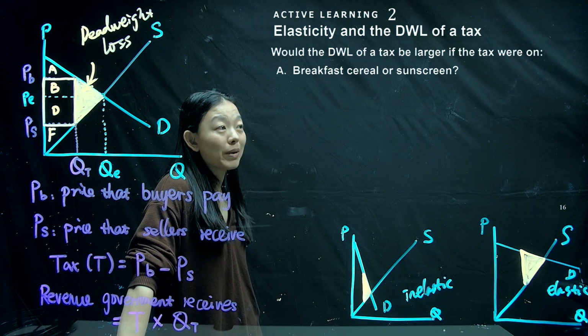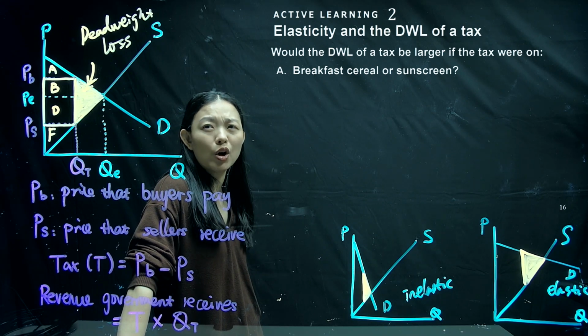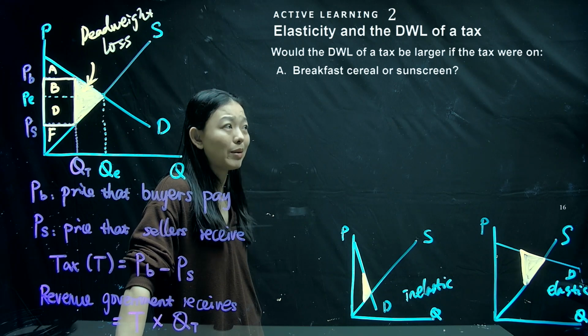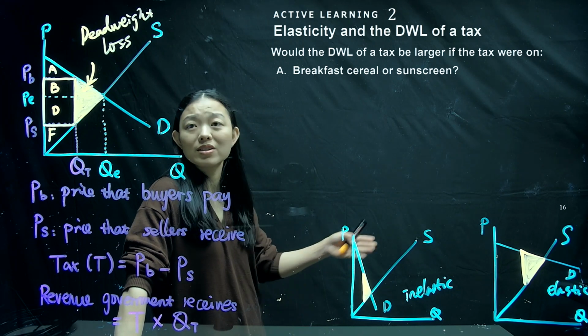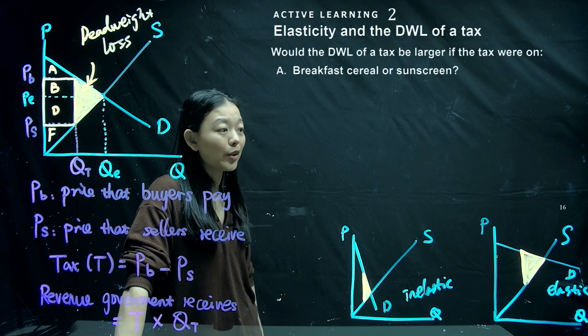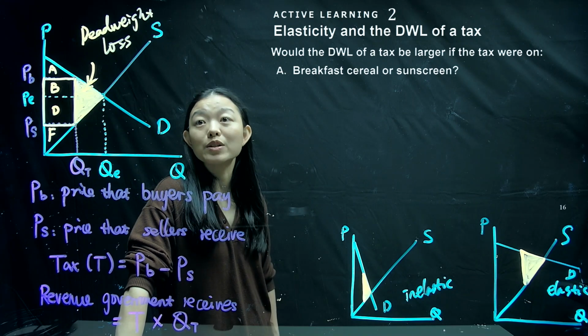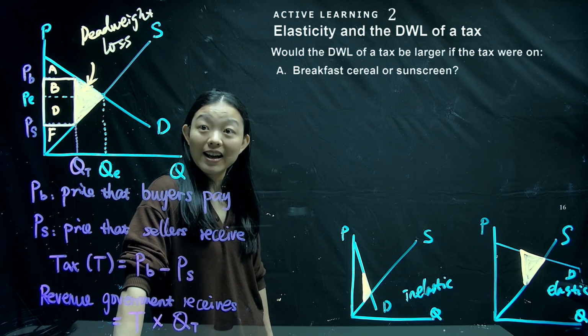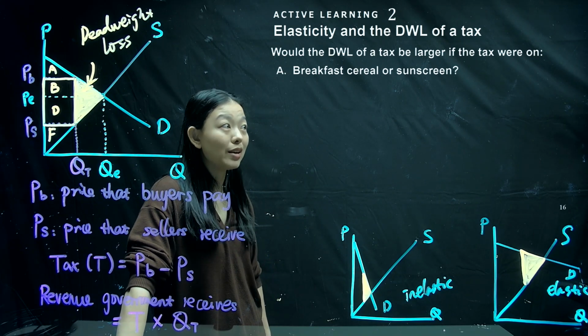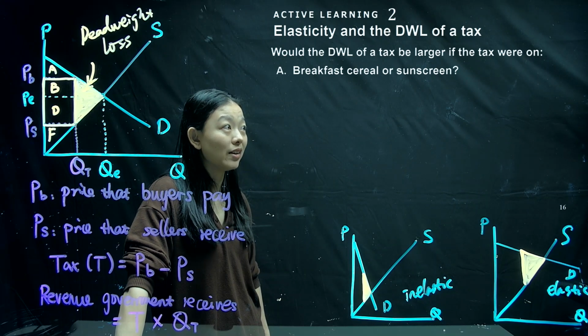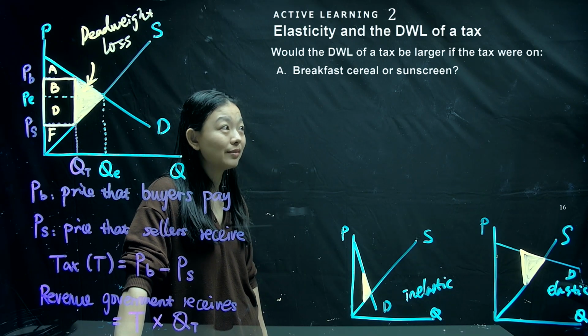We noticed that sunscreen actually has nearly no or very few substitutes, right? But breakfast cereal has more substitutes. Therefore, we would like to say the demand of breakfast cereal is much more elastic than sunscreen. Therefore, it will result in larger deadweight loss.